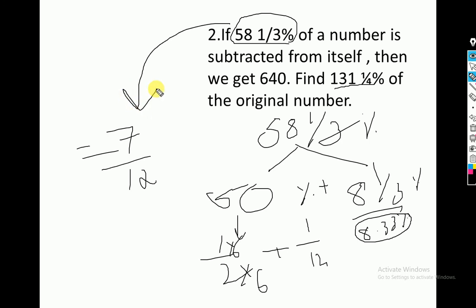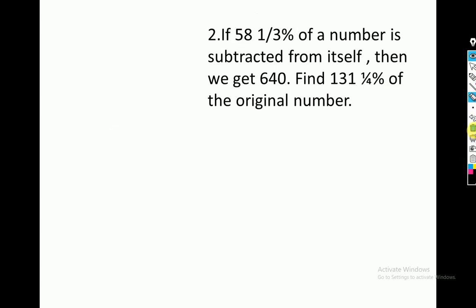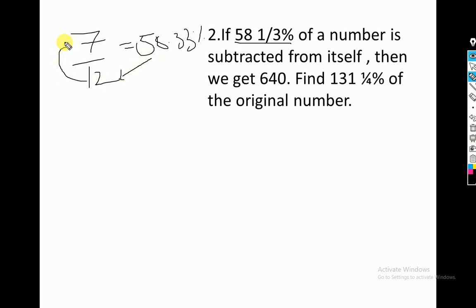Alright, the first step is over. We have found out the fractional value of 58 1 by 3 percentage. Now what's the next step? If this percentage of a number is subtracted from itself, so it's 7 by 12. So we know that 58.33% of 12 is 7.